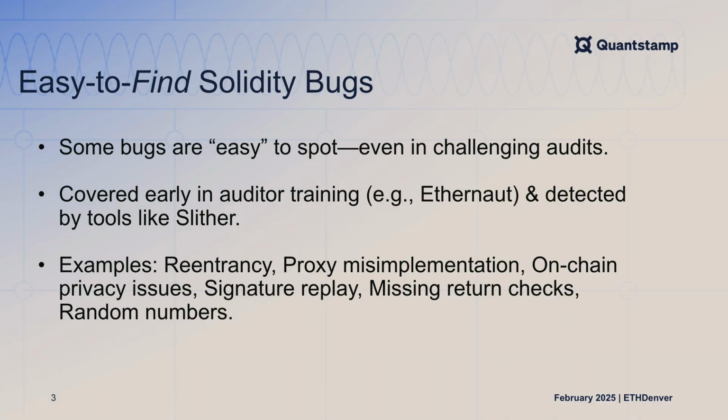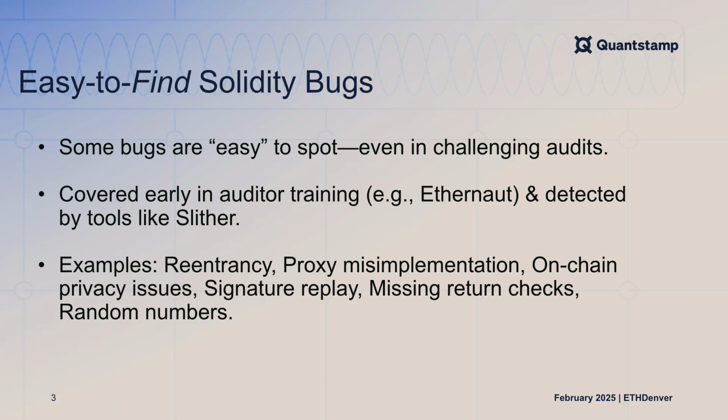As soon as you begin as an auditor, one of the first things you'll do is open OpenZeppelin's Ethernaut exercises, which cover a lot of these easy-to-find bugs, like reentrancy risks, proxy misimplementations, on-chain privacy issues, signature replay, etc. Those things are pretty well known and standard. They've been around for a while, so these bugs shouldn't really be leading to hacks in new products.